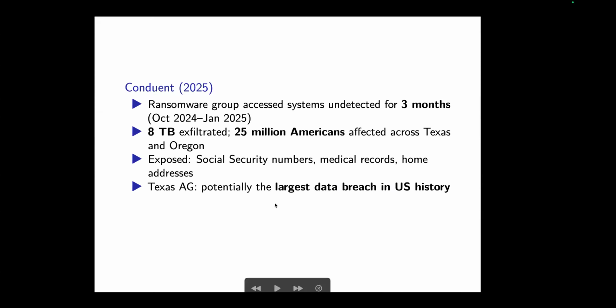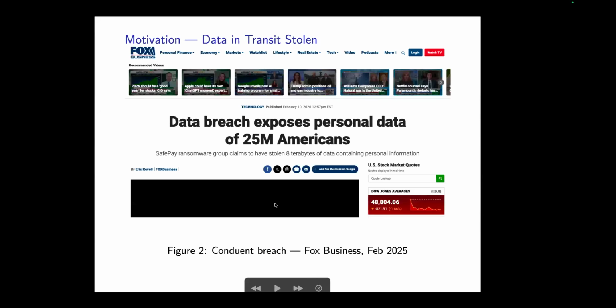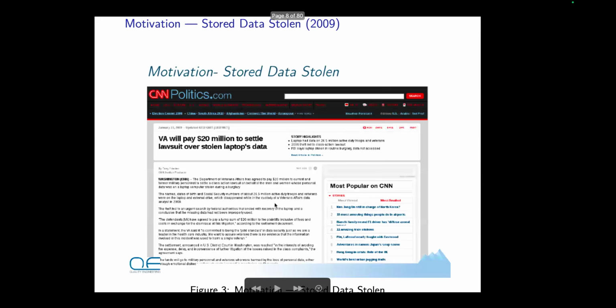So for how long has that been going on? I updated the slides recently. Before, we used those slides, and this is a data breach from stored data, which happened in 2009.